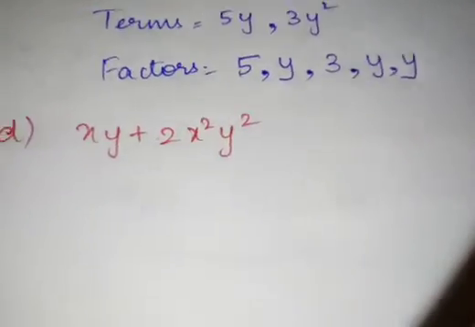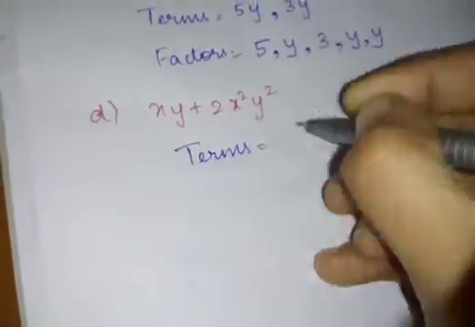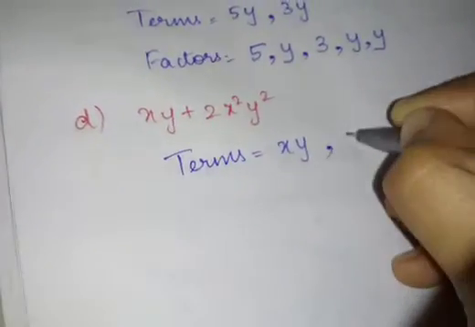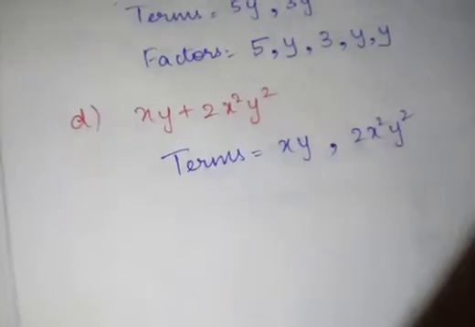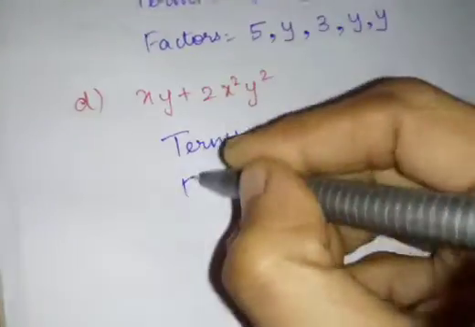Okay. D problem, xy plus 2x square y square. So, what are the terms here? xy comma 2x square y square.